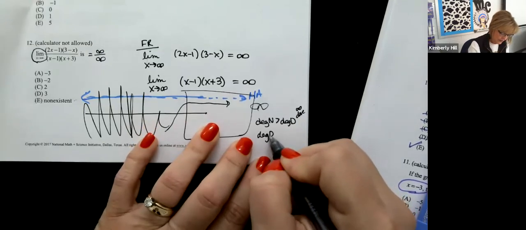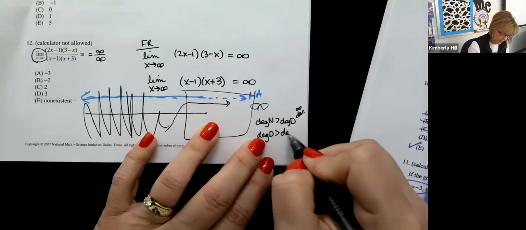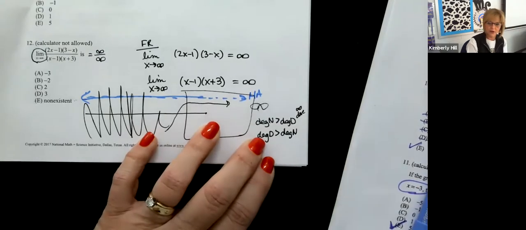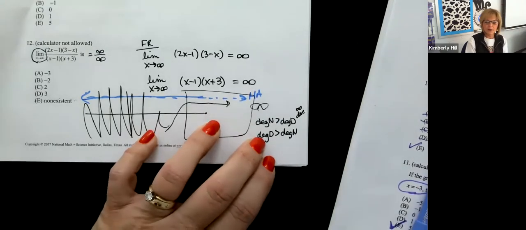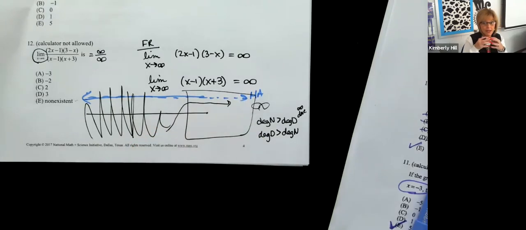If the degree of the denominator is bigger than the numerator, then let's think about what that means. If my denominator in a fraction is growing the biggest, the fraction as a whole is shrinking.